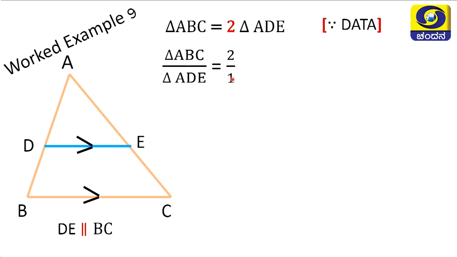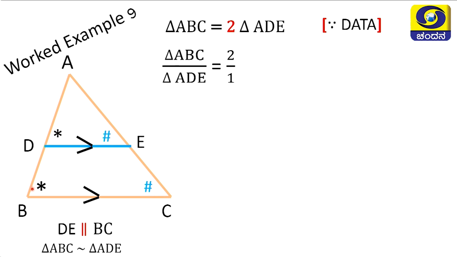Now concentrate on the figure. Assume that AB is the transversal. Look at the corresponding angles, and if AC is the transversal, look at the corresponding angles which are equal. So now we have a beautiful situation in which the three angles of triangle ABC are respectively equal to three angles of triangle ADE. Therefore, what can you say?